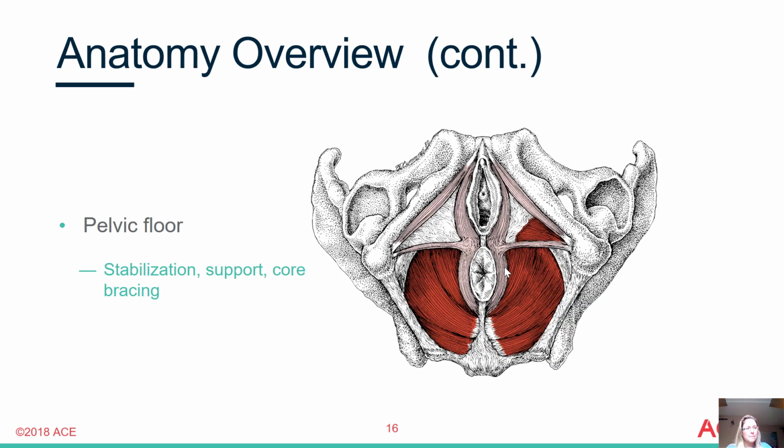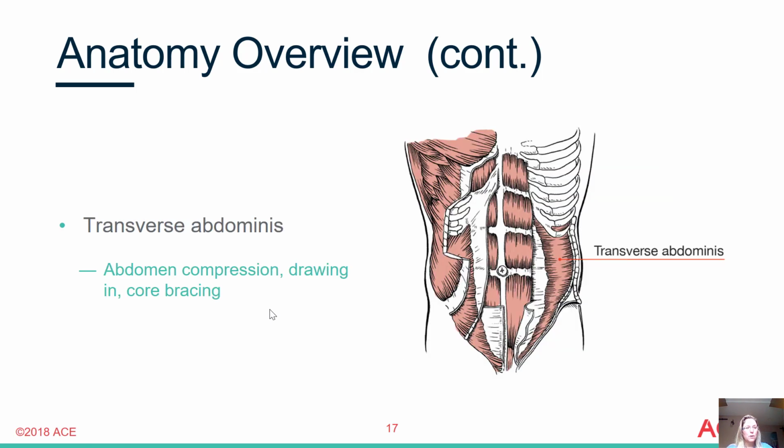But first of all, looking at that pelvic floor, you can see the muscles of the pelvic floor act in stabilization, support. They help to brace your core, right? So when you're engaging your core during things like crunches and sit-ups, you're also using that pelvic floor. Your transverse abdominis, which is basically the deepest of your abdominal muscles, you can see pictured here.